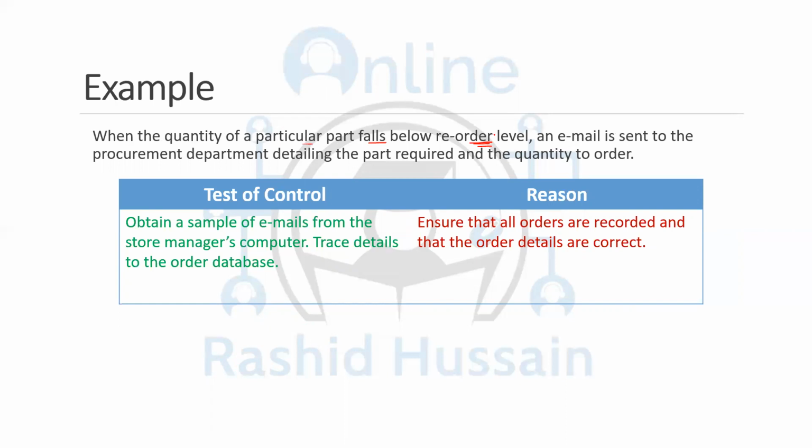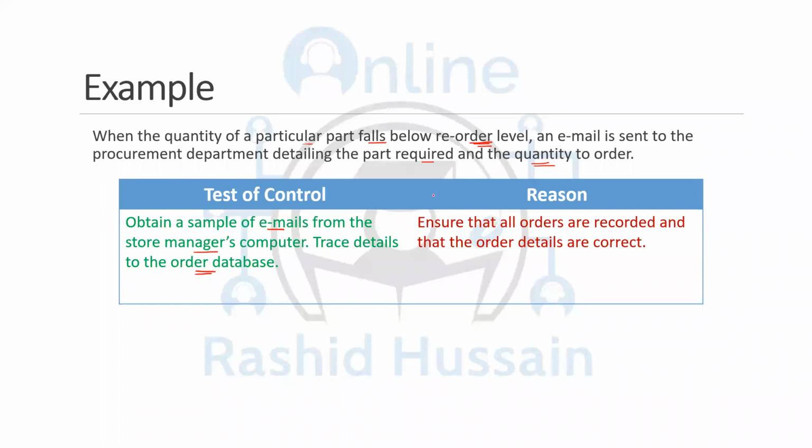So when the quantity of the particular part falls below the reorder level, an email is sent to the procurement department detailing the part required and the quantity to order. So the test of control: obtain a sample of emails from the store manager's computer, trace details to the order database.